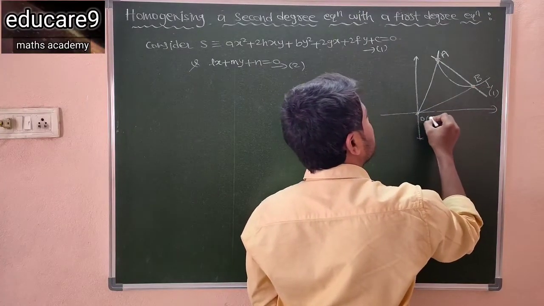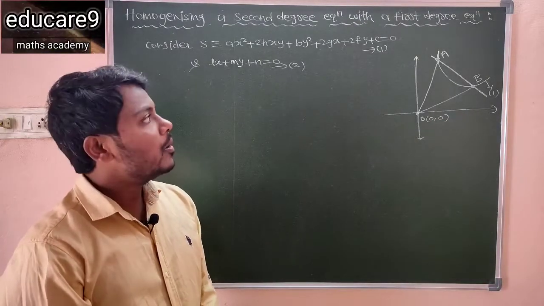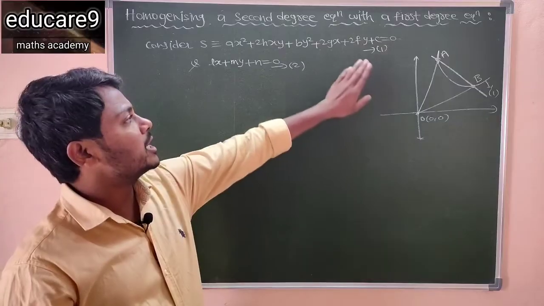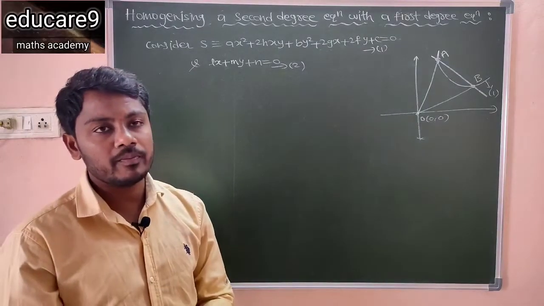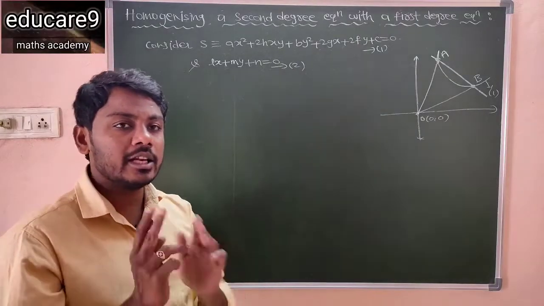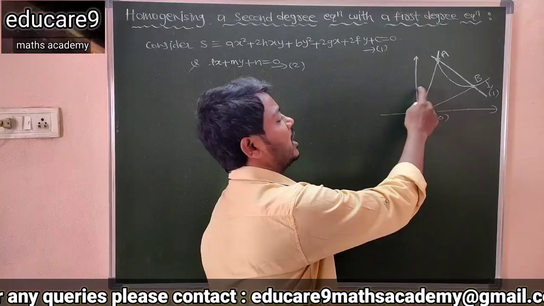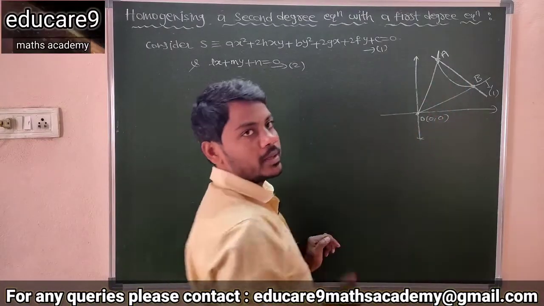This is the origin 0, 0. Now see here, homogenizing equation 1 with the help of equation 2, we will get a homogeneous equation passing through the origin. That is the combined equation of OA and OB.